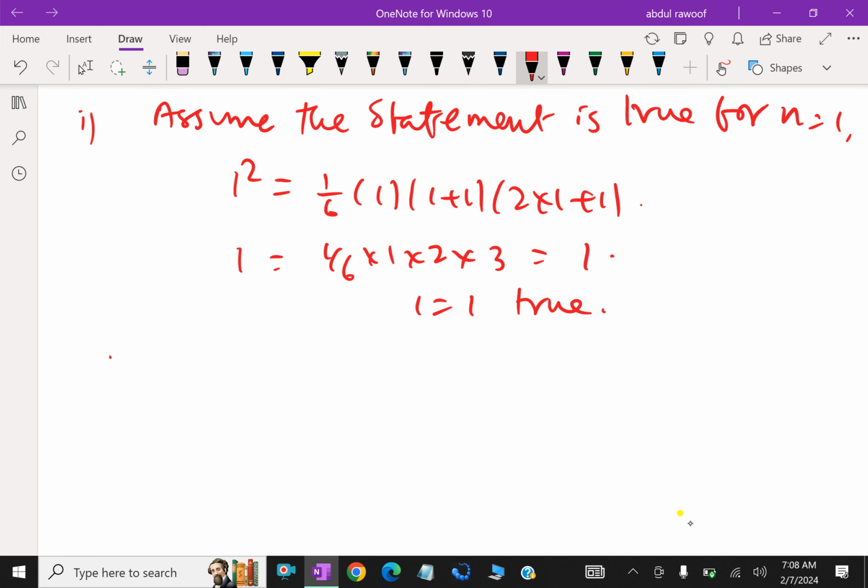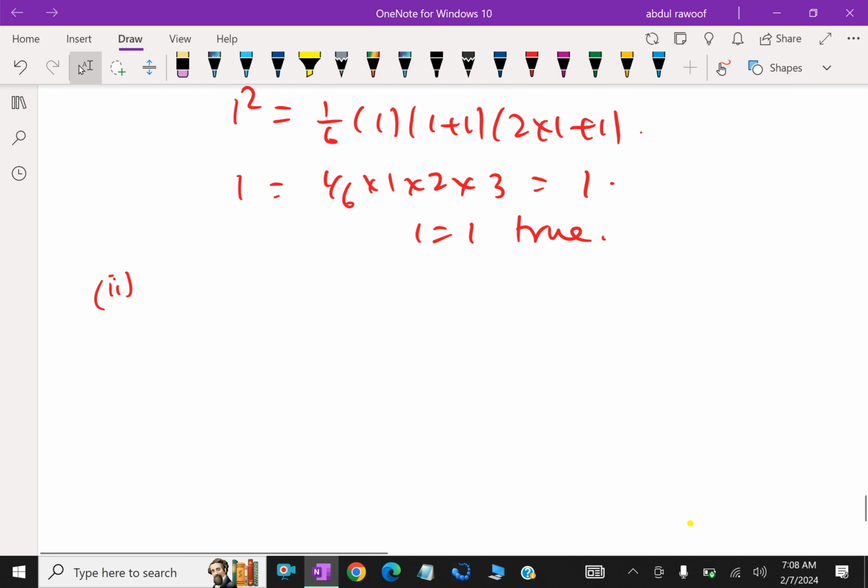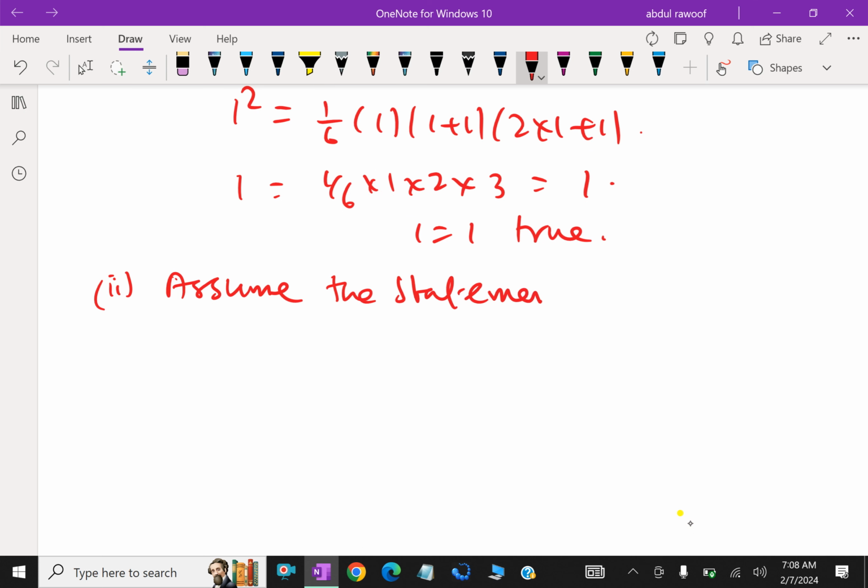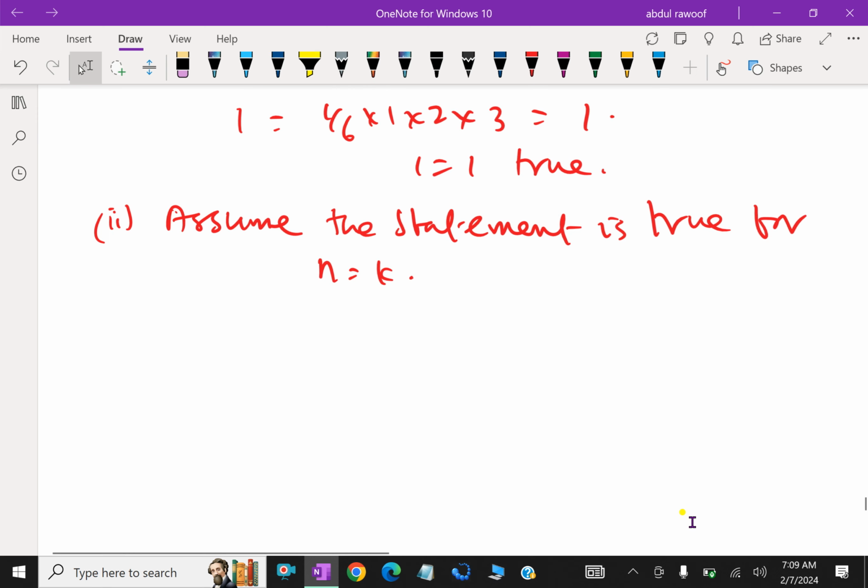Then the second statement. Assume the statement is true for n equal to k, where k is any positive integer.